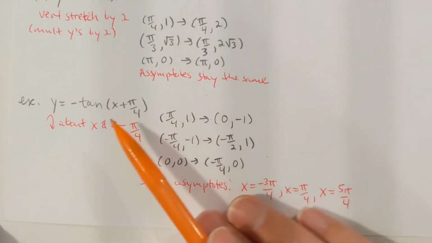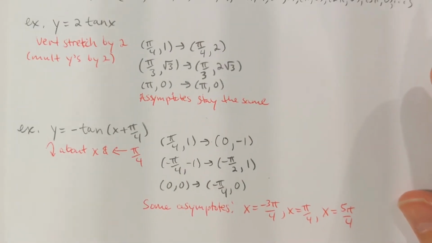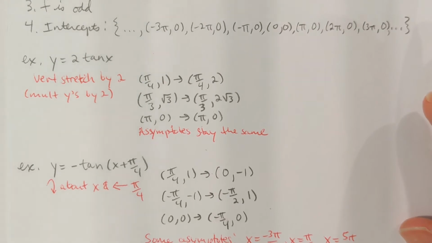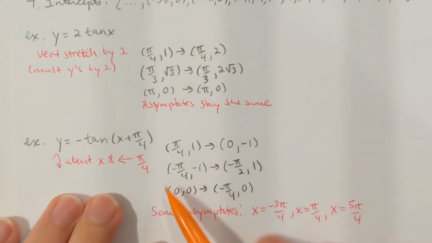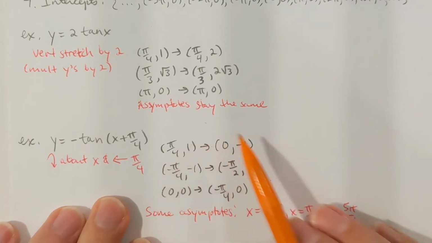Here's another example. If you have y equals negative tangent of (x plus pi over 4), the negative means that you'll be reflecting about the x-axis, and then the plus pi over 4 means that you'll have a shift to the left of pi over 4 radians. So if you imagine doing those two transformations, the graph is going to be different. Here's a couple of points that are going to be going to different spots. We just look at maybe one of these here.